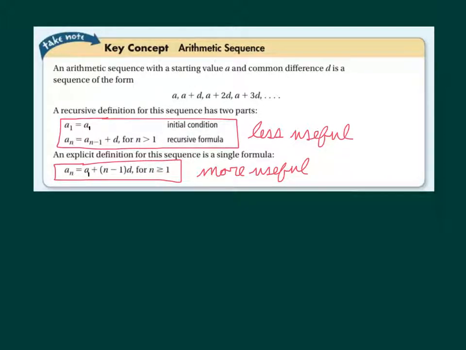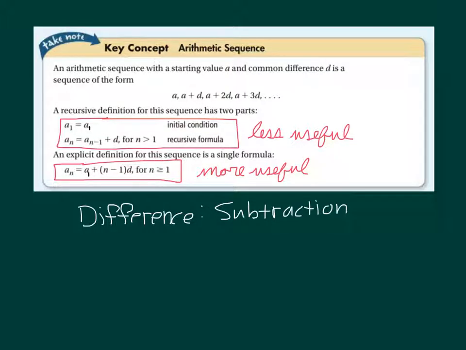The only other thing is, why is it that we're adding the same thing each time, but we call it the common difference, where difference clearly implies what mathematical operation? Subtraction. Why do we call that thing the common difference?